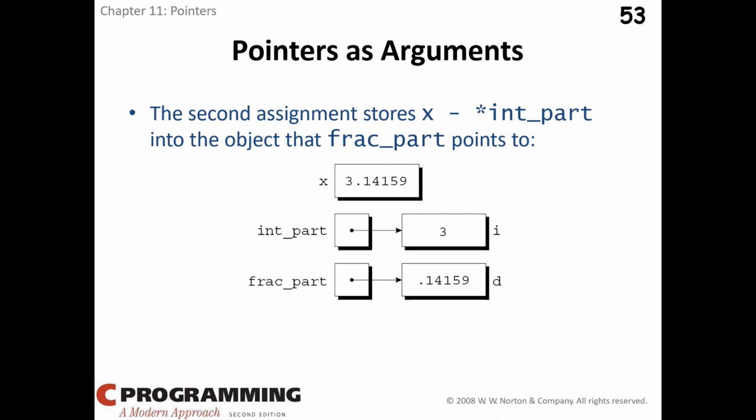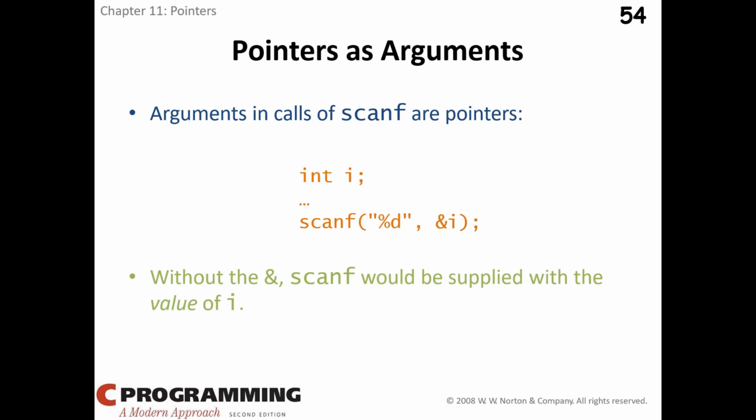Also, whether you have noticed it or not, the arguments provided to functions like scanf are also pointers. For instance, let's consider the variable i of type integer we have here in the slide. When we're using scanf to read an integer value into i, we pass the memory address of i to scanf using the ampersand operator.